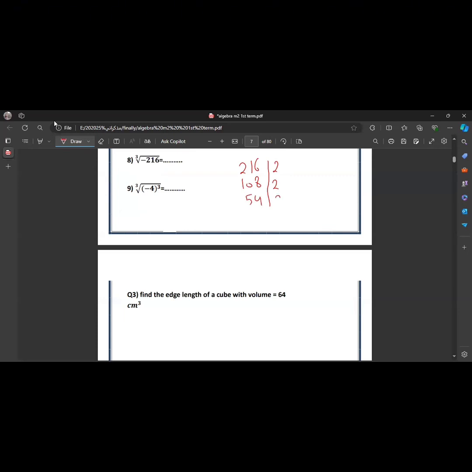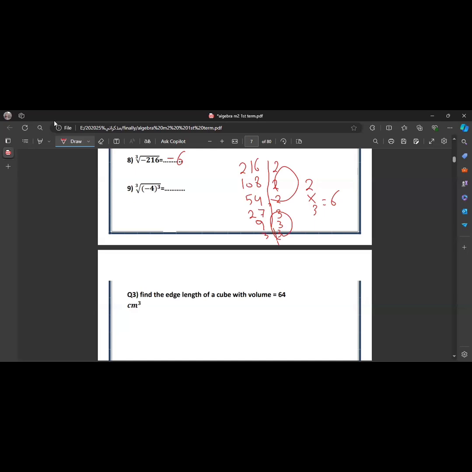By 2 again, 27. Here 27, like the last example, divided by 3, 9, and here by 3 equals 3, and here by 3 equals 1. So I have 3 threes and 3 twos. 2 times 3 gives me 6. Very good. And here I have a negative sign, so write negative 6.